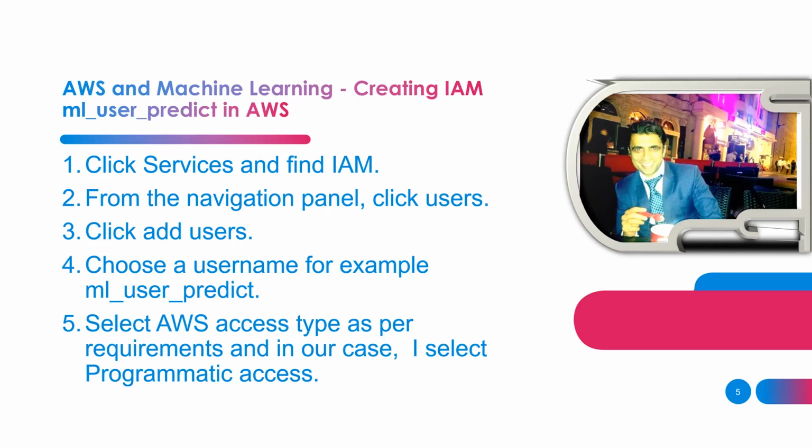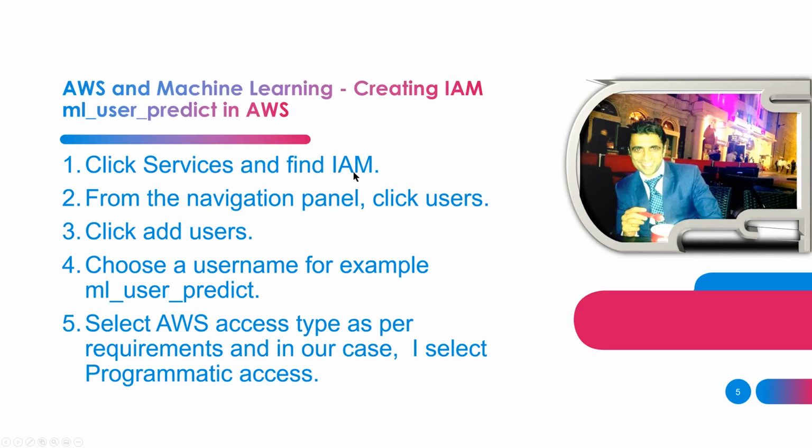Just so that we are all on the same page, we'll click on services and find the IAM landing page. If you are already on that, you can skip this one.